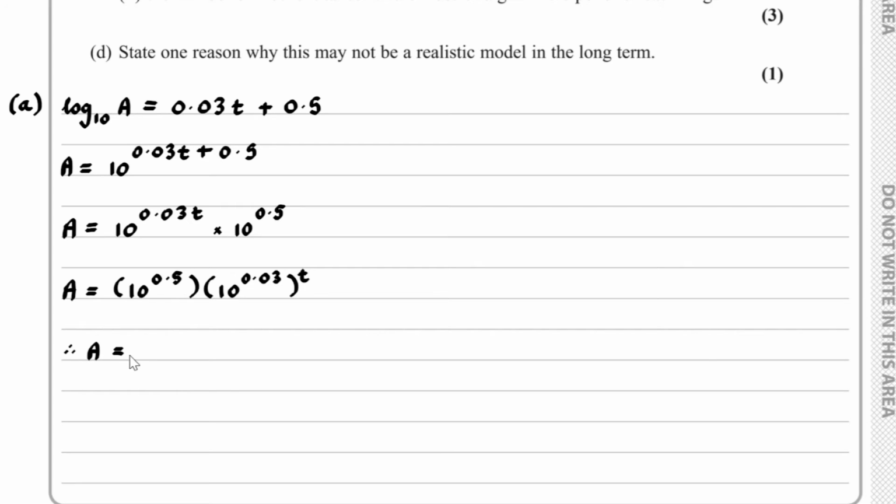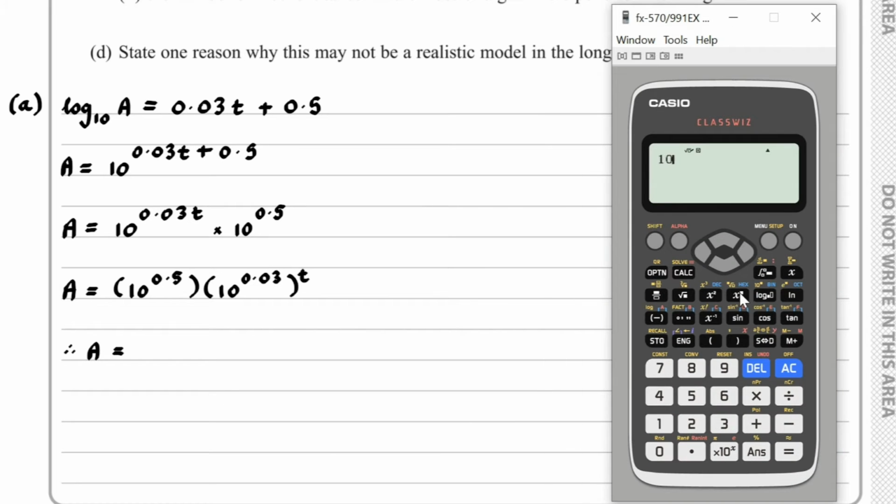And if we do that, 10 to the power of 0.5 is the same as 3.162 to 4 significant figures. And then we multiply this by 10 to the power of 0.03 to the power of T. So that is the same as 1.072 raised to the power of T. And this is given to 4 significant figures.